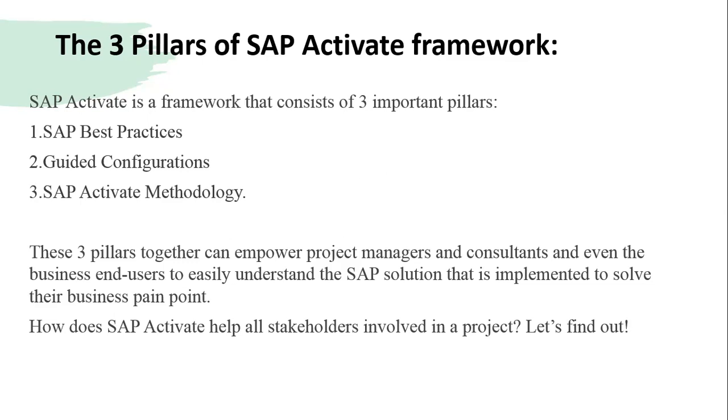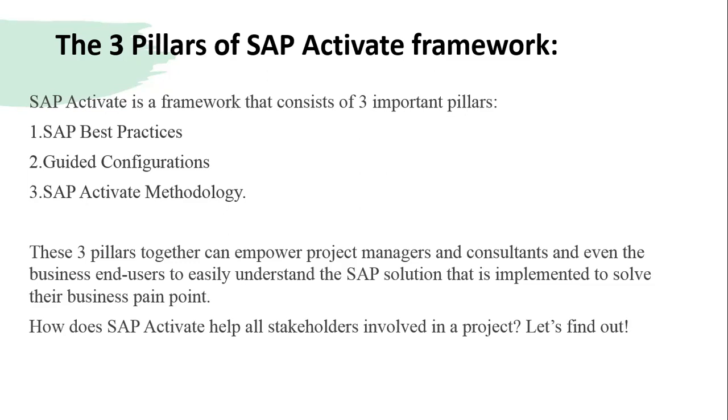Now, the pillars are: number one, SAP best practice, which you should be aware of. Number two, guided configurations. Configurations go through some guided processes. Number three, the SAP Activate methodology that shows you the steps for the processes you need to go through when you're actually deploying your SAP system.